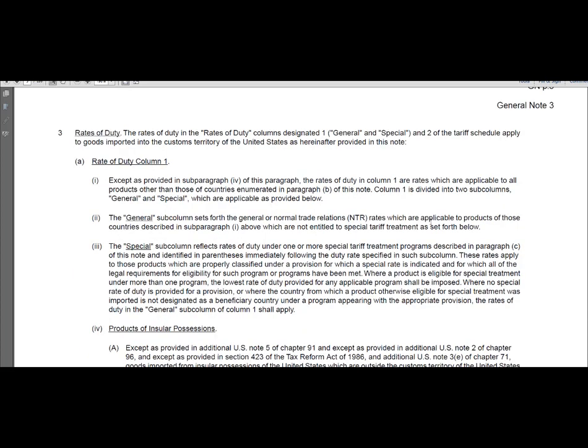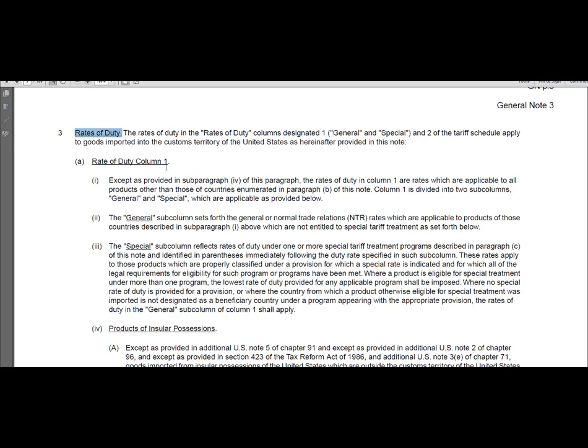That's what is described in that general notes file. Here, the rates of duty. The rates of duty in the columns designated 1, general and special, and 2 of the tariff schedule apply to goods imported into the customs territory of the United States, as provided in this note.